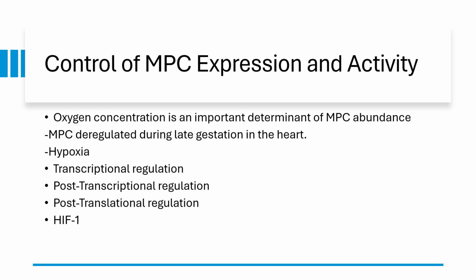This brings us to when MPC expression is low and tumor growth occurs, which can promote hypoxia. And hypoxia can induce lactate accumulation and glycolytic flux by downregulating MPC levels. And this is actually going to bring us to how MPC expression can be regulated by transcriptional regulation, post-transcriptional regulation, post-translational regulation, and HIF1.